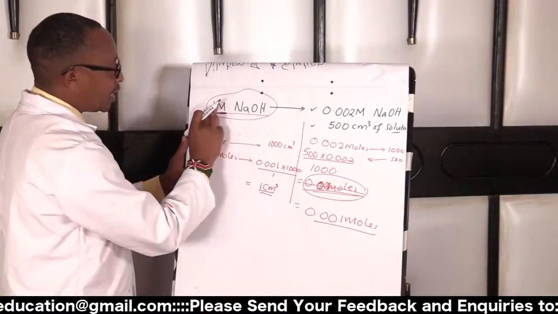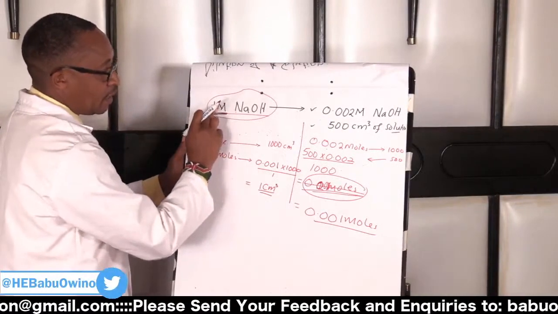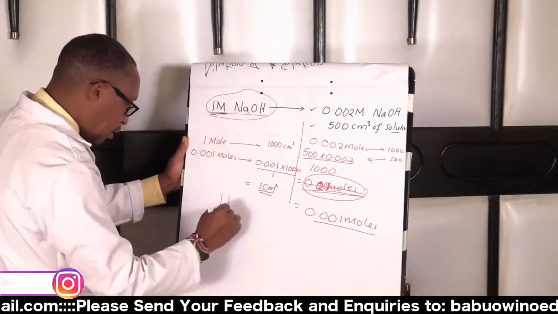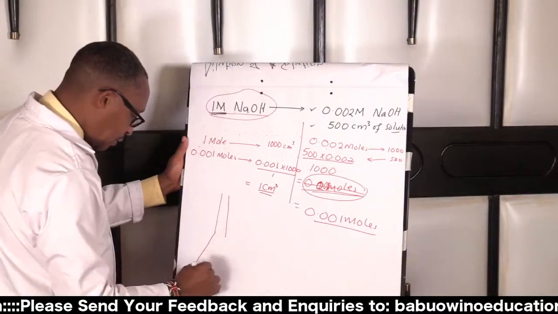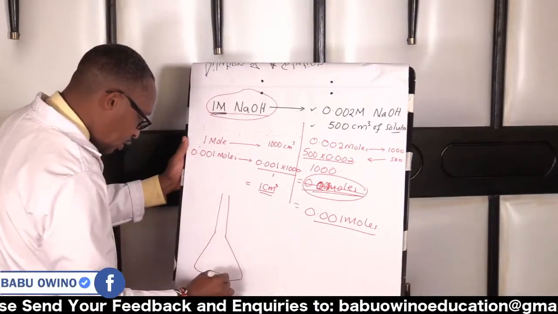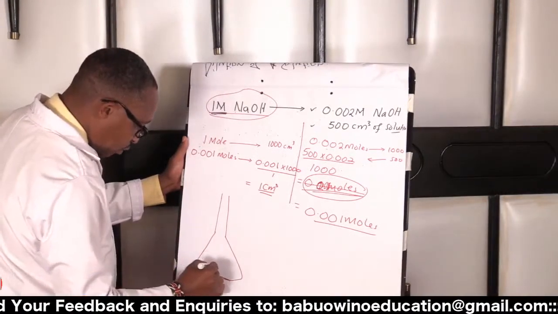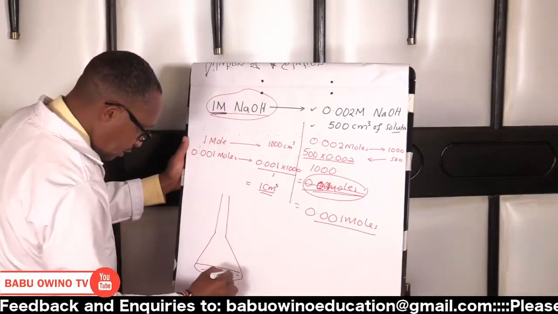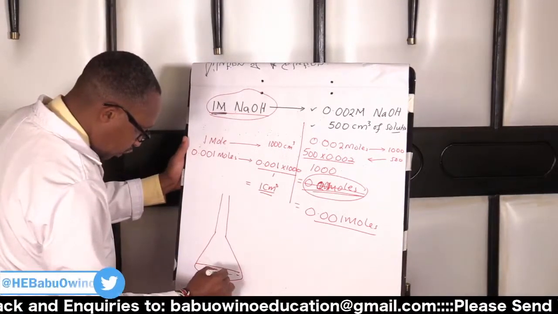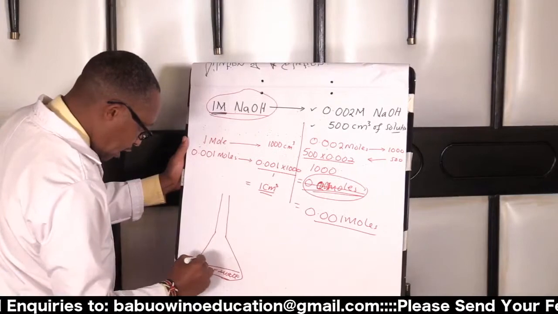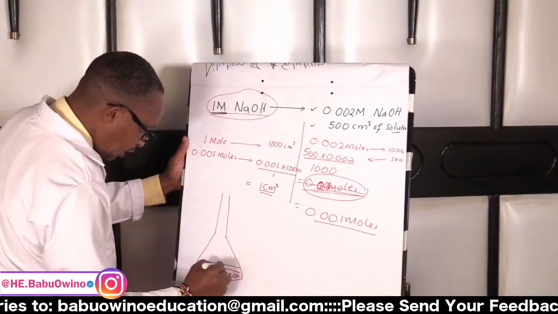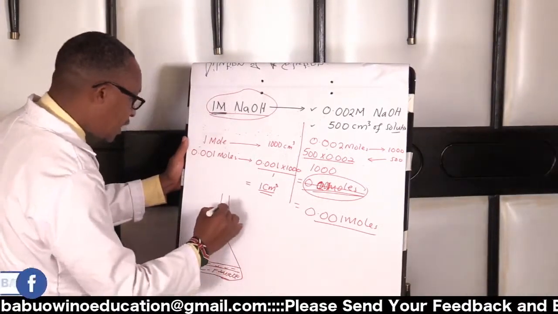If I take 1 centimeter cubed here, I put it in a combination of this nature. I put some water first. Then I put 1 centimeter cubed of that.